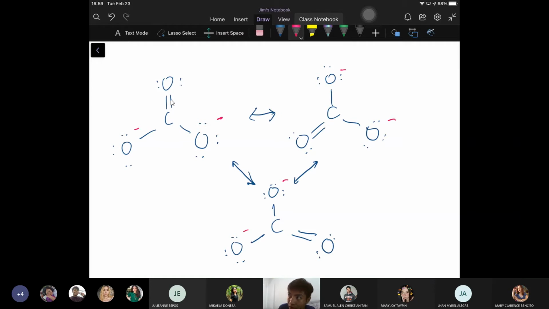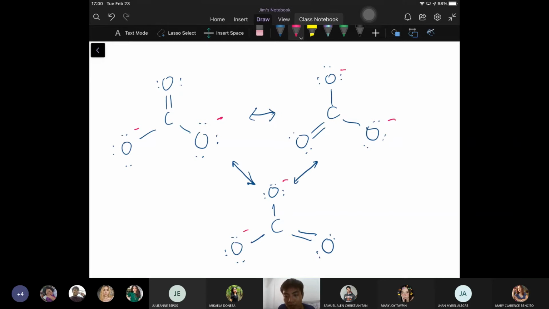What if the electrons go here? We get this kind of structure. Instead of placing the double bond here, you place it here. So this molecule is similar to this one. Say you place the double bond here, this will be the look of your structure. As you can see, these three are equivalent structures. The only difference is the position of the double bonds.